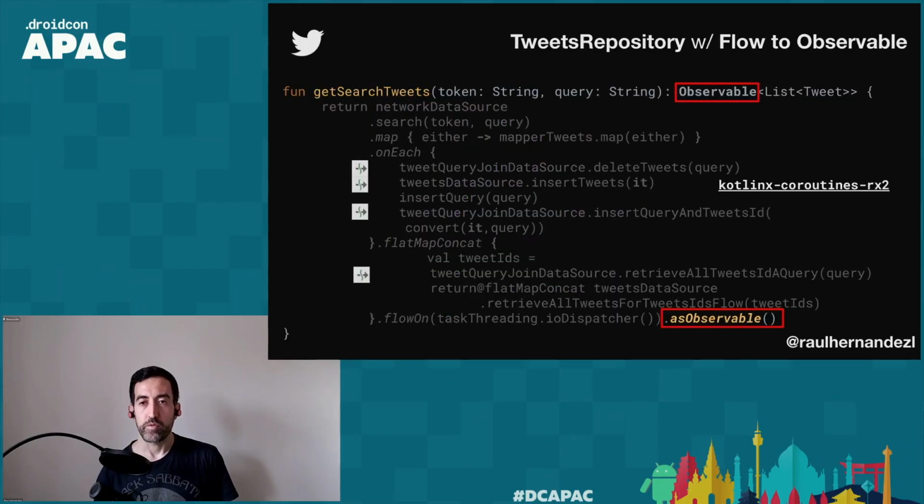Cool, so far so good. Using the same library, kotlinx coroutines Rx2, we could return an observable right here. So I can make sure that the return type from this flow can become an observable by using asObservable. And this is going to be returned as the return type because again, we're going to expect that from the interactor or the use case.